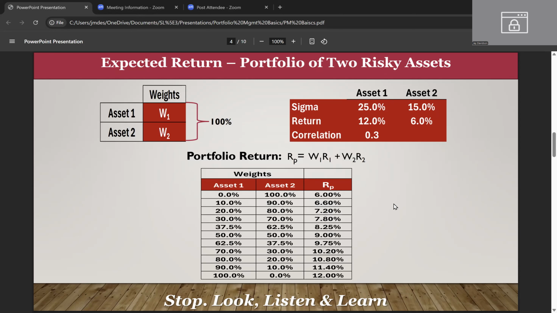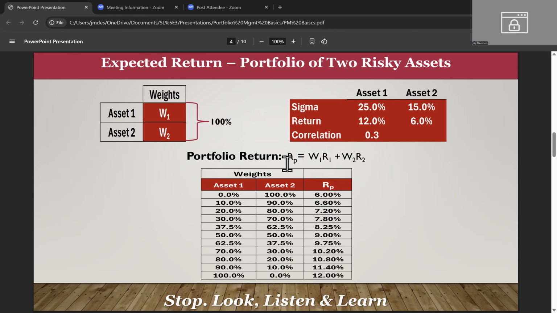Now, let's look at a more likely scenario, which is where we would take our resources and invest some of those resources into asset one, and invest some of those resources into asset two. And let's just pick a line now here. Let's say we decide to put 20% of our resources in asset one and 80% of our resources in asset two.